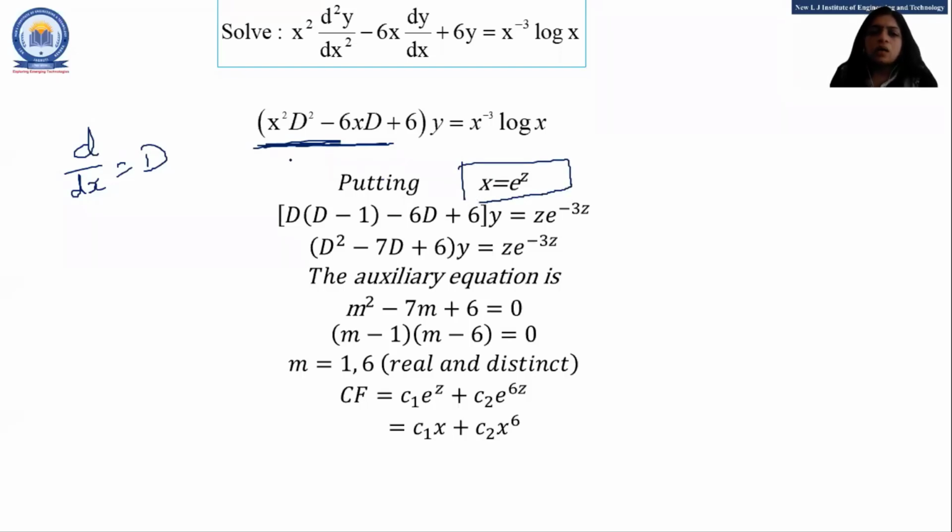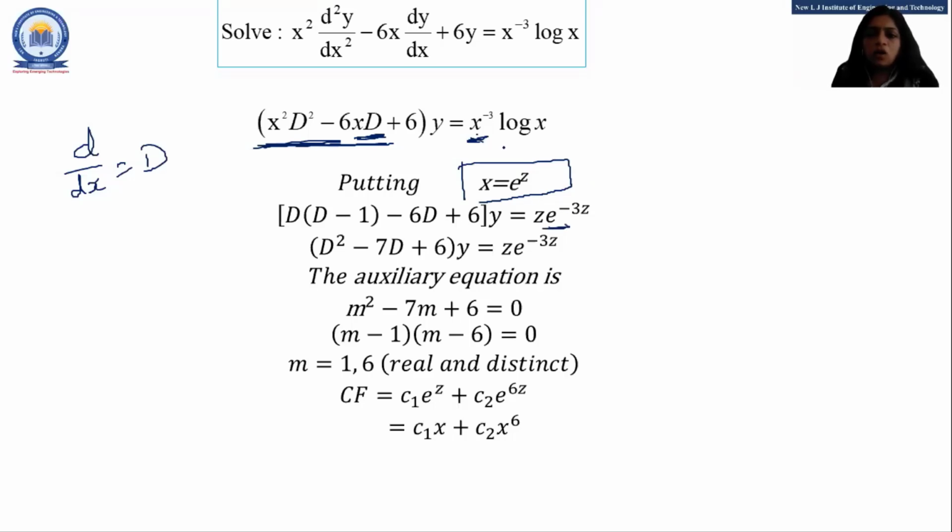Now x square D square is D(D minus 1). This xD is just D. 6, keep it the same, into y. Now this x is what? X is e raised to z. So the x raised to minus 3 will convert into e raised to minus 3z.